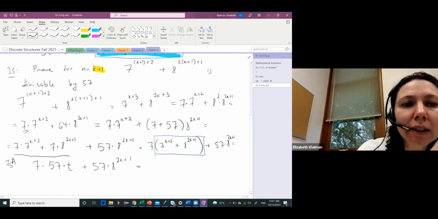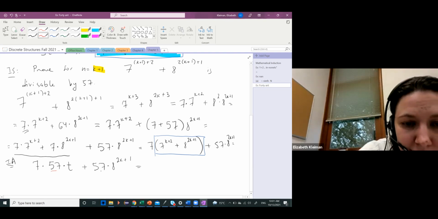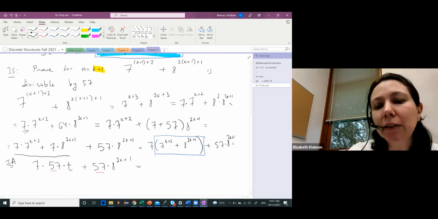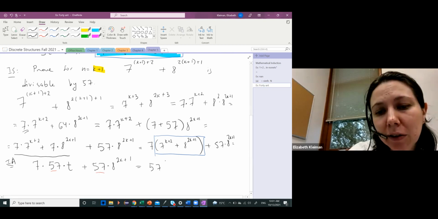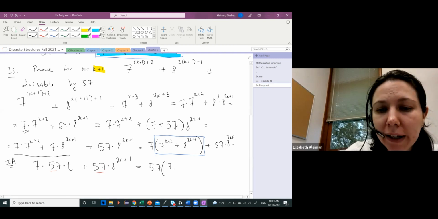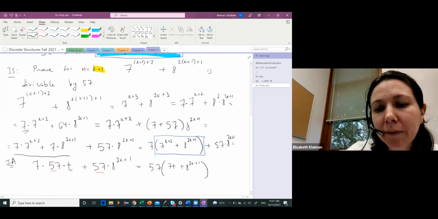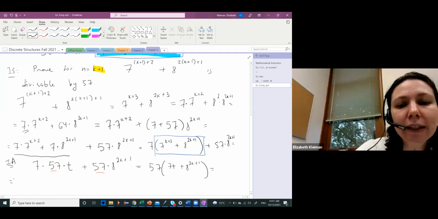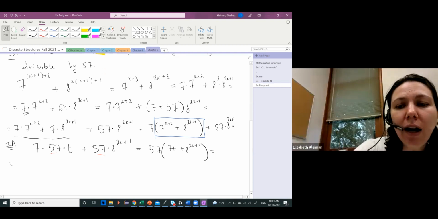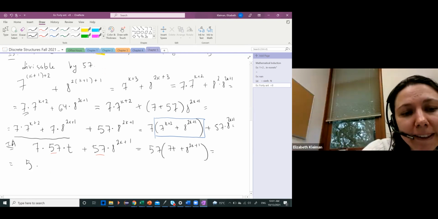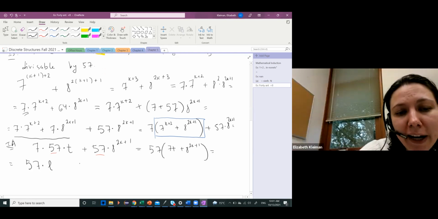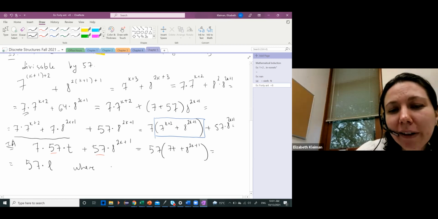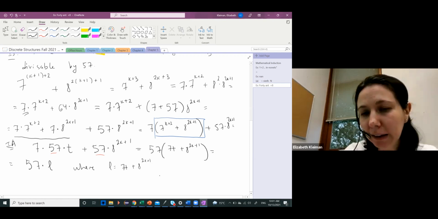But now look at this beauty. I have 57 here and 57 here. So guess what? I can factor it out too. So I have 7t here plus 8^(2k+1). So I have 57 multiplied by L, where L is 7t plus 8^(2k+1).